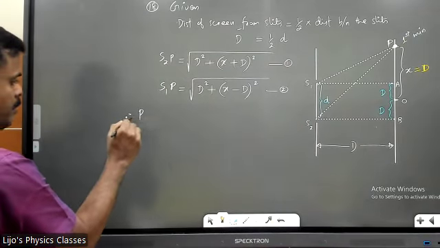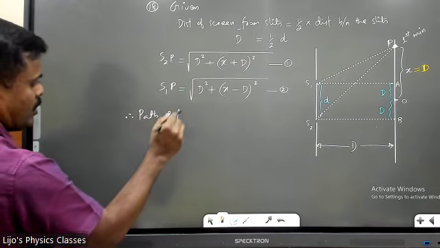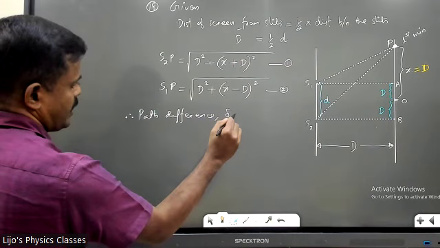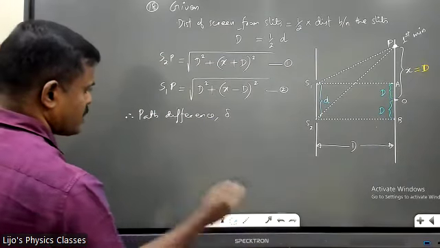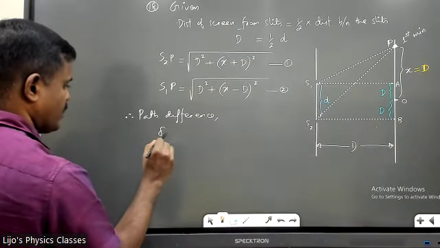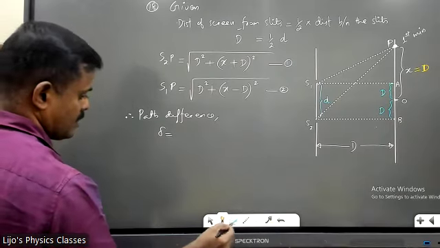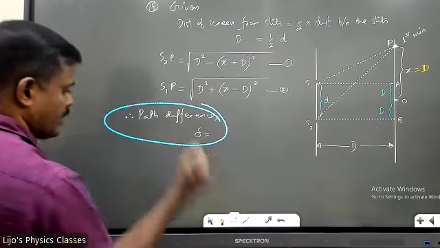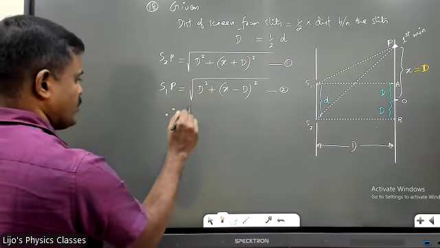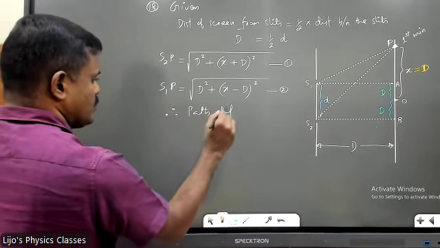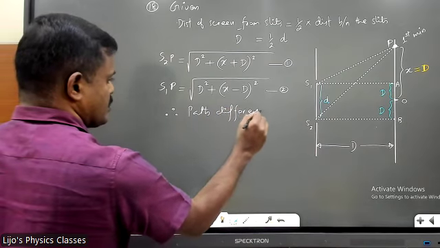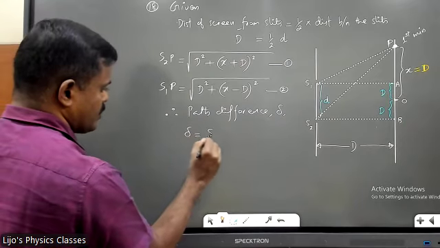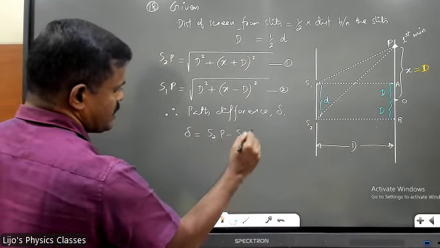Therefore, now that I got path difference, how to get path difference delta? Path difference delta is equal to S2P minus S1P.